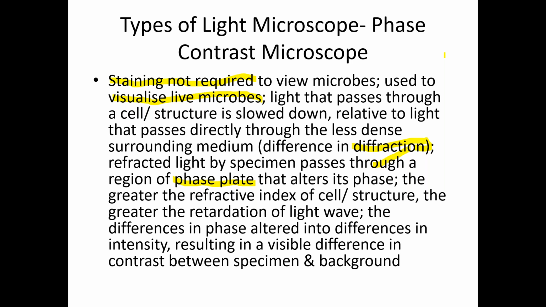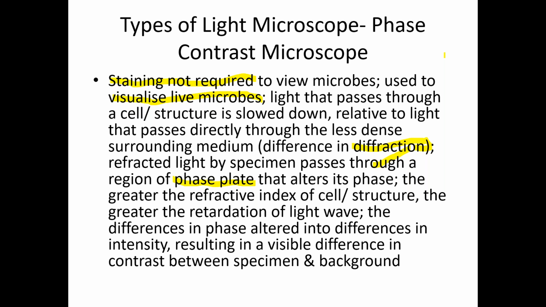If the refractive index of the microbial cell we want to observe is higher, the speed of the light wave will be retarded more. If the refractive index is lower, the retardation will be correspondingly lower. So based on the refractive index, the speed or phase of the light wave will be altered.